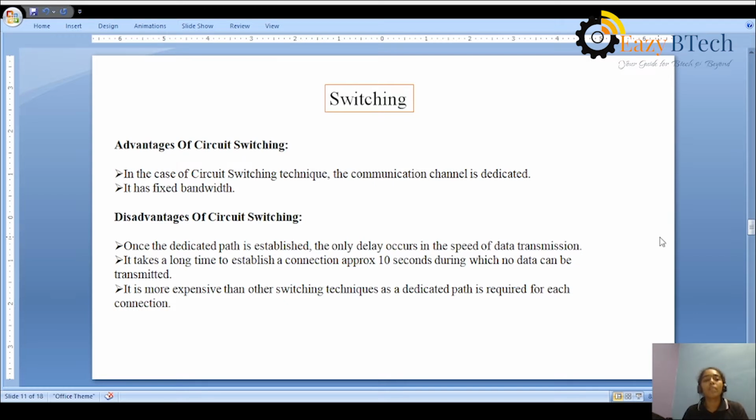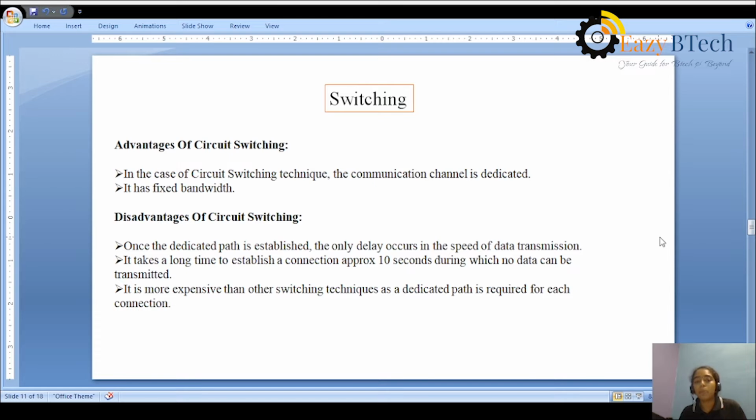Disadvantages of circuit switching. Once the dedicated path is established, the only delay occurs in the speed of transmission. Here, the delay will be there while transmitting data from source to destination. It takes a long time to establish a connection because we are establishing one fixed channel from source to destination.